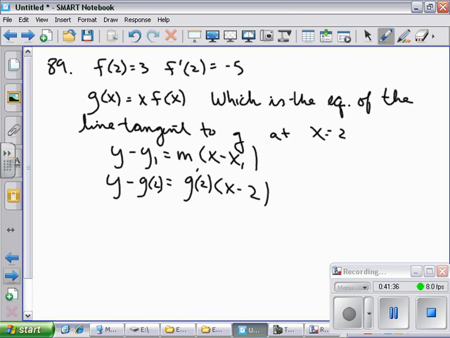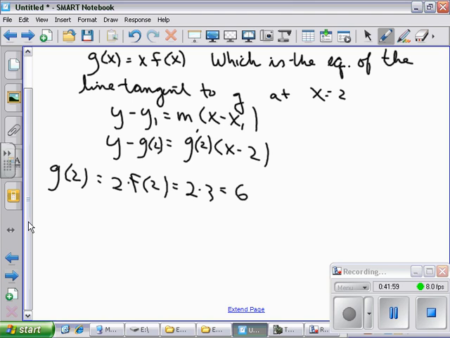So we got to get g of 2. Let's do that first. To get g of 2, that's going to be 2 times f of 2. 2 times 3, because they gave us f of 2. It's up here, which equals 6. The slope of our tangent line will be g prime of 2.